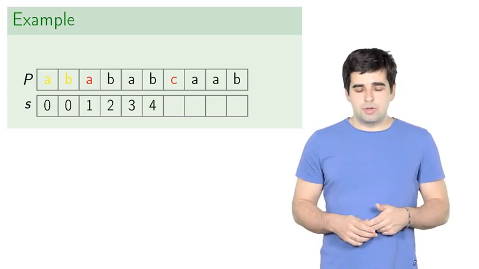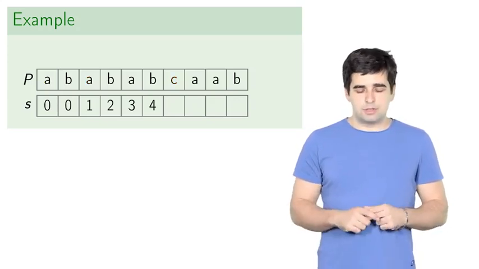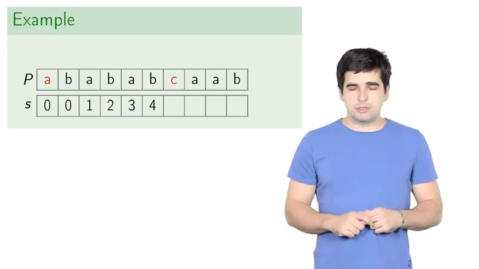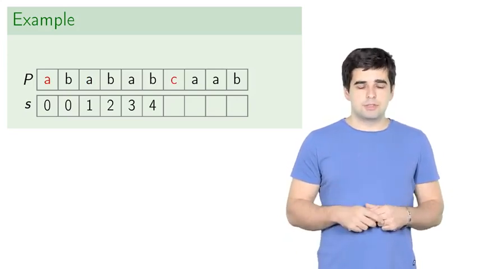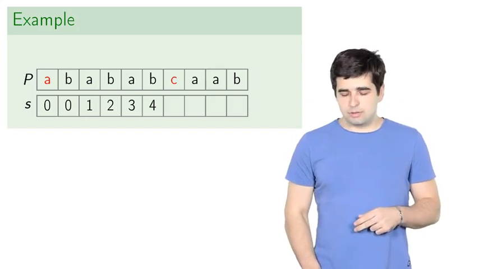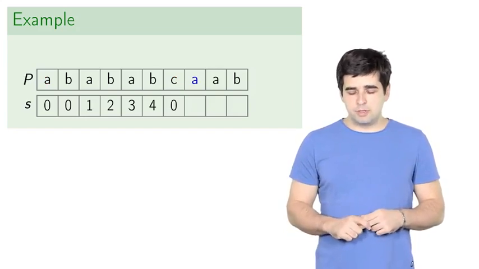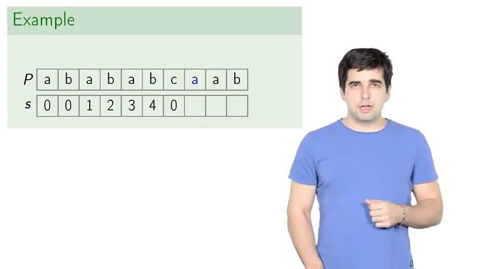If those characters are equal, then s of i plus 1 is at least s of i plus 1, because we can just increase the length of the border. And that means that s of i plus 1 is exactly equal to s of i plus 1, because we've learned that the prefix function cannot grow by more than 1 from position to the next position.